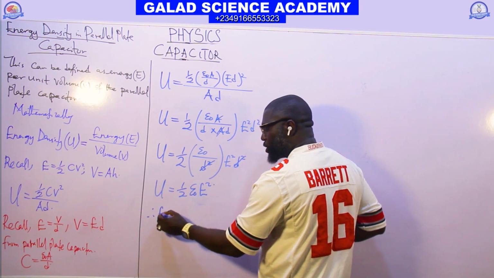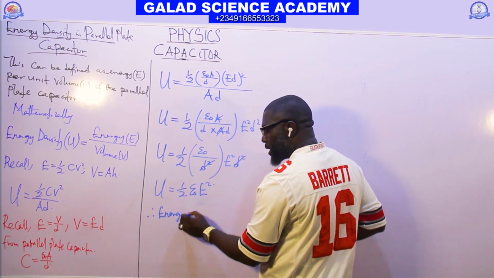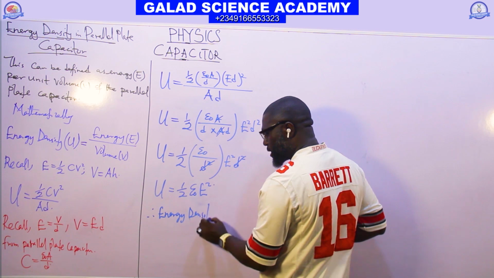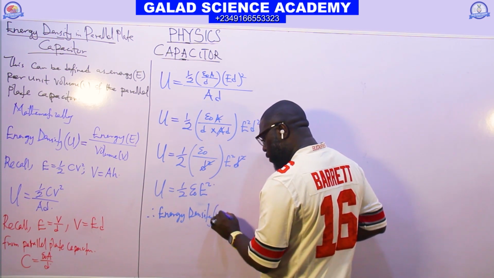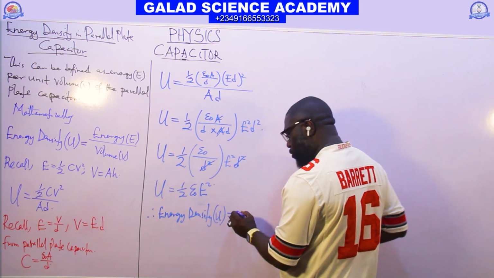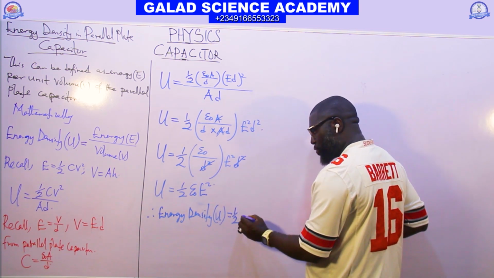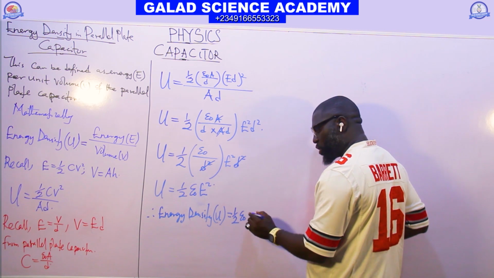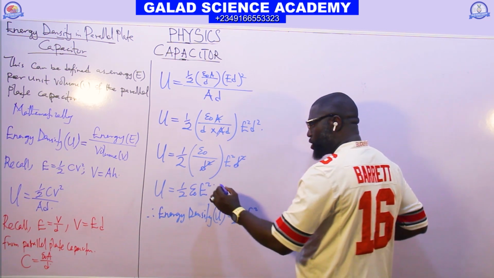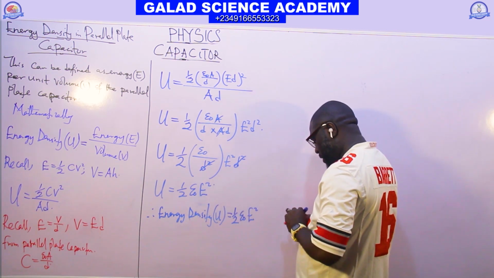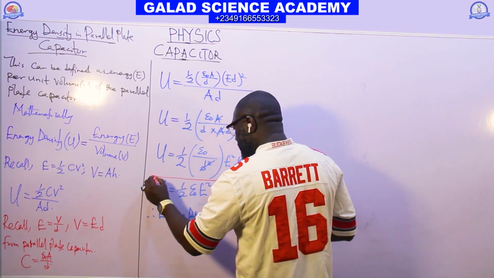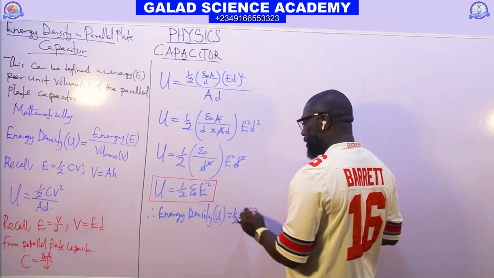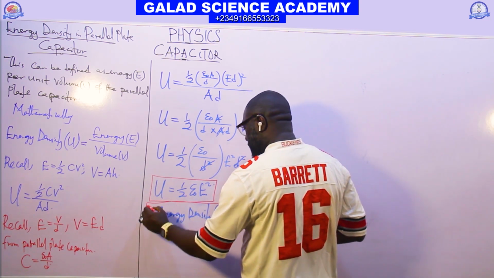Therefore, energy density in parallel plate capacitor, U, is equal to half of permittivity of free space times E square. So this is the formula for energy density.